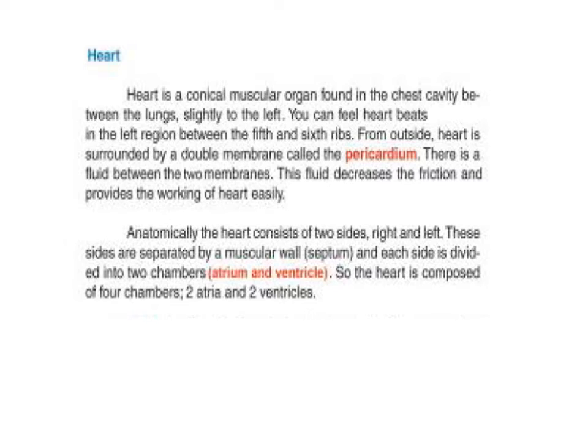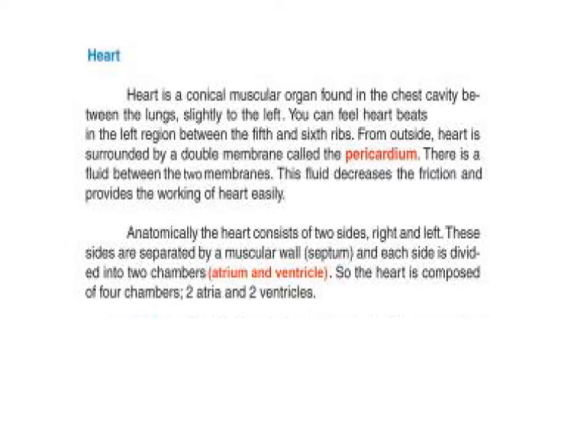From outside, the heart is surrounded by a double membrane. What does that mean, double membrane? That means the membrane consists of two parts, or consists of two other membranes. This double membrane is called the pericardium.